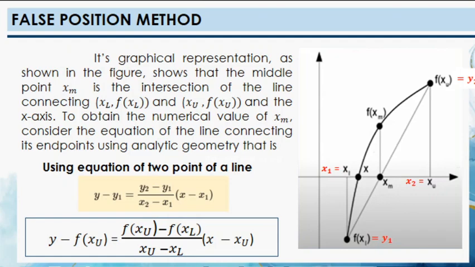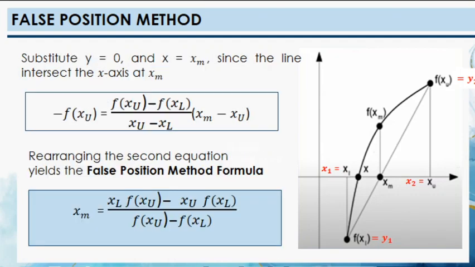Kaya nga lang, kailangan pa natin itong i-simplify. Simplifying this equation, we have to substitute y is equal to 0 kasi dito sa x sub m naman natin, di ba, yung y natin dito ay 0. And yung x naman natin is actually x sub m, since the line intersects the x-axis at x sub m, di ba?